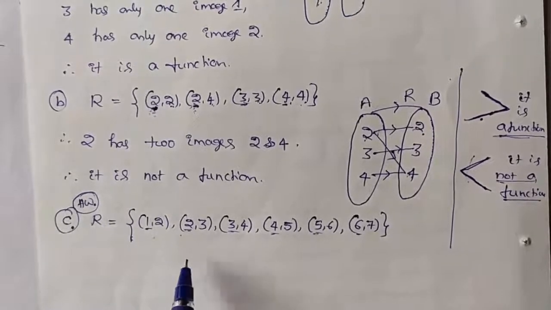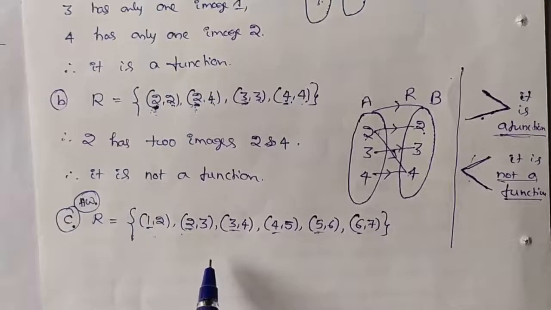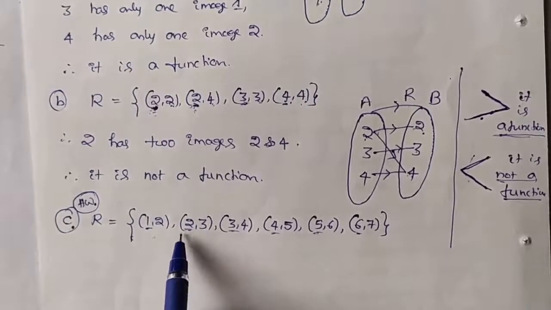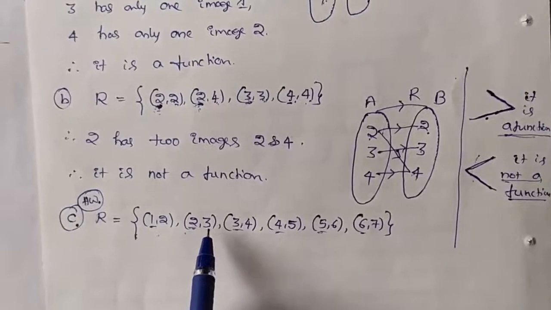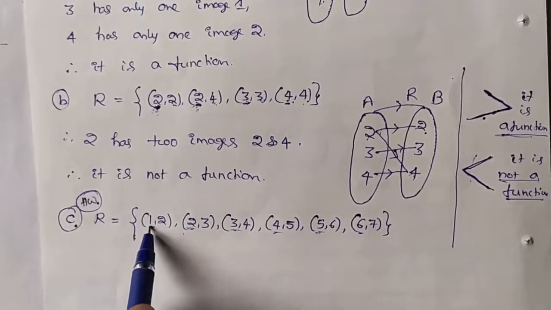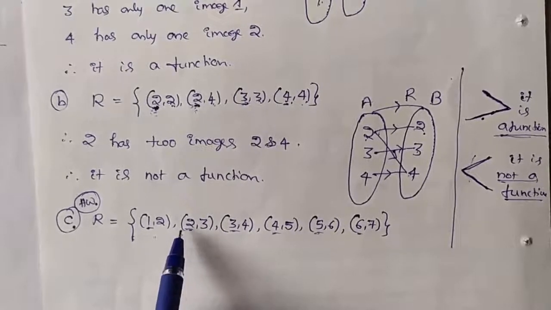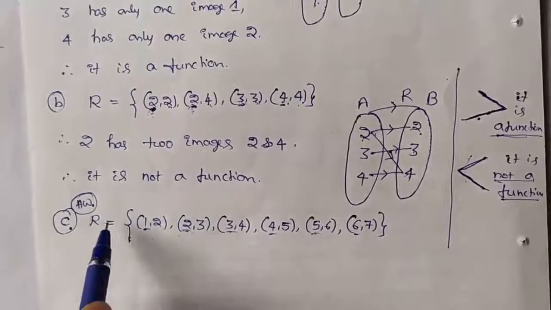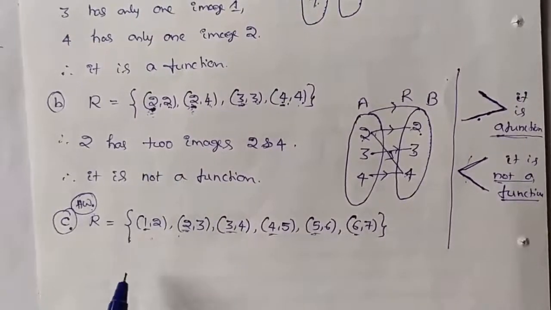Write the reasons: this relation is a function because every element in set A has only one image in set B. It is homework for you.